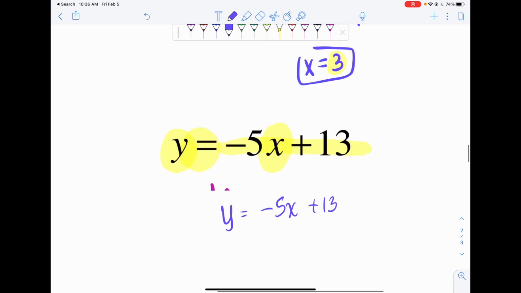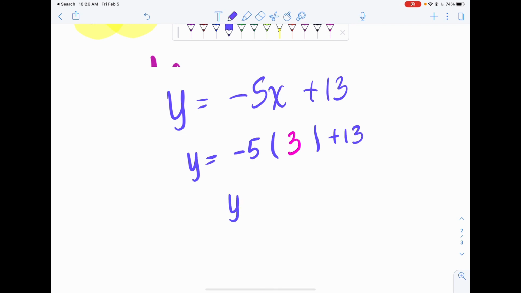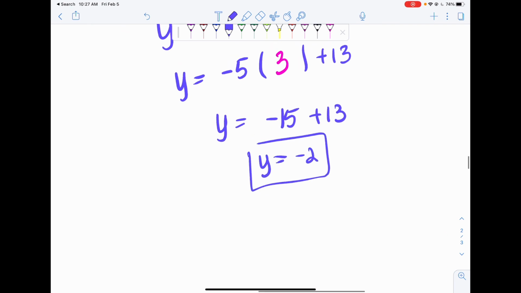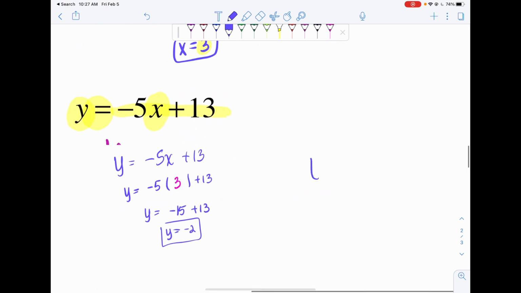I'm going to plug in a 3 for x. -5 times 3 is -15 plus 13. -15 plus 13 is -2. So my final answer is y equals -2, x equals 3. But if we write it as an ordered pair, it would be 3, -2.